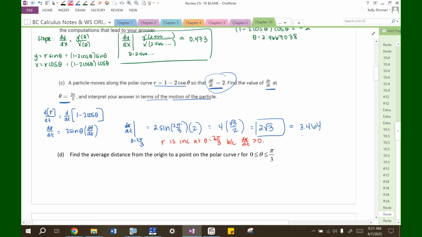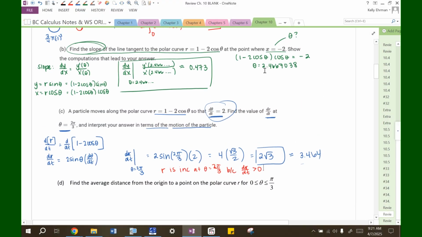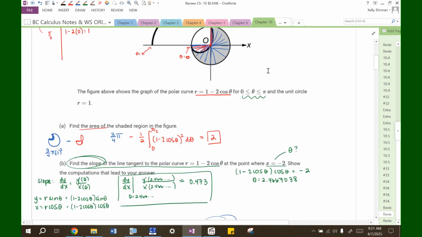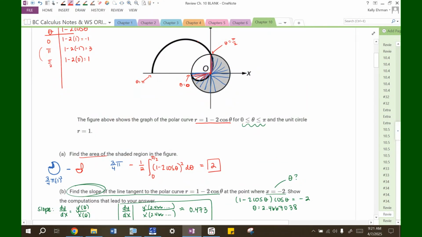What else could it mean? If r is positive and we know r is increasing, then we also know that if we were graphing this at, let's see, do we have this graphed? We do. At 2 pi over 3, say it's right here. What's happening? The particle or whatever the curve is definitely getting farther from the origin the further you go out.